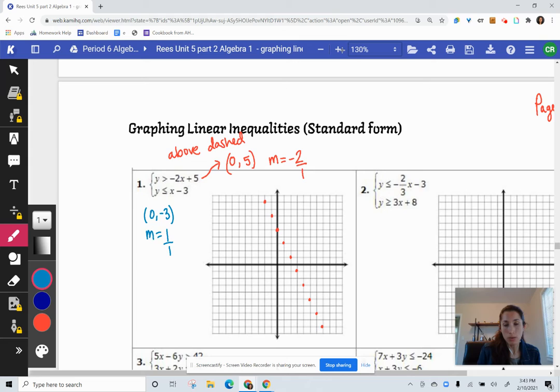This is a less than or equal to symbol, so this would be a solid line. Everything on that line is included, and less than means it is shaded below the line. So we'll start at (0, -3), place our point there, and then we can go up 1 to the right 1, and continue that all the way through the graph.